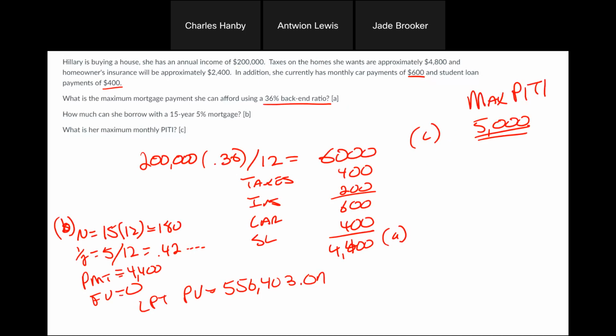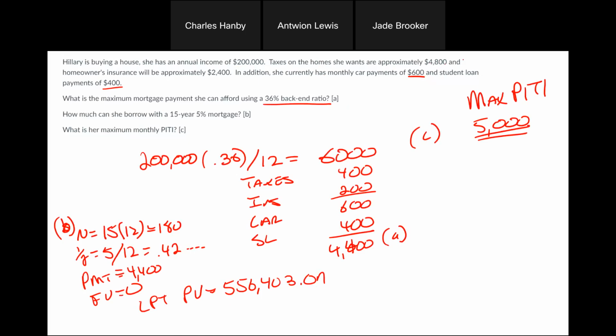No, sir. I was just wondering whether the taxes and insurance would be the same when it's a 36% ratio. Well, it depends. The taxes and insurance are dependent on the home that she's buying. Both are a function of the size and value of the house.